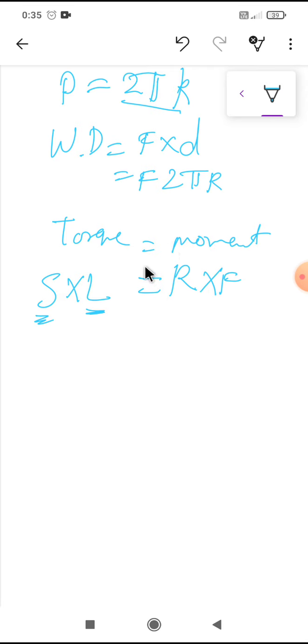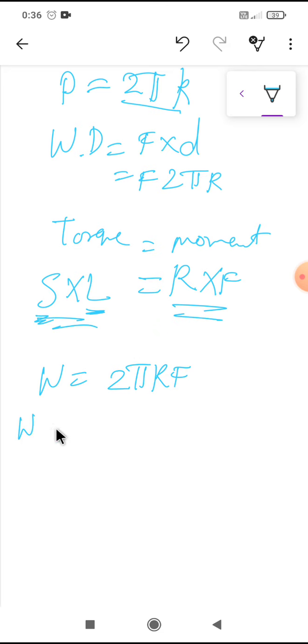Therefore the work done was 2 pi rF, and instead of rF we can write SL, so we can write W is equal to 2 pi SL.